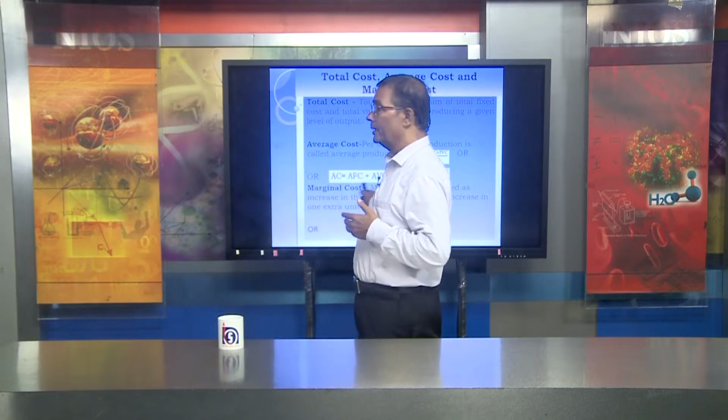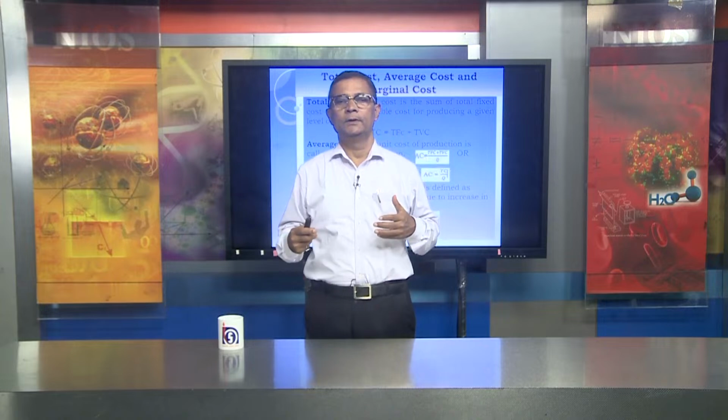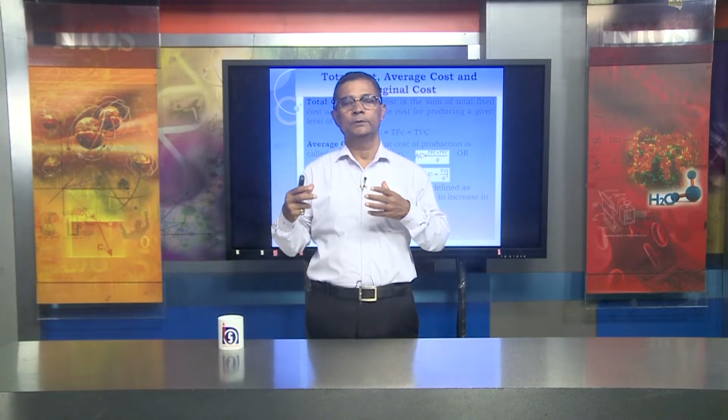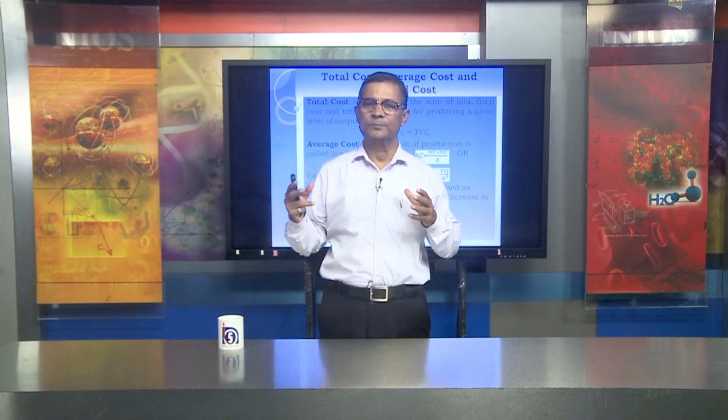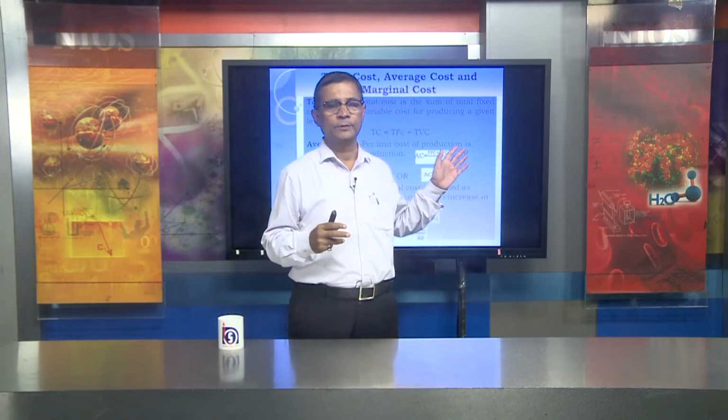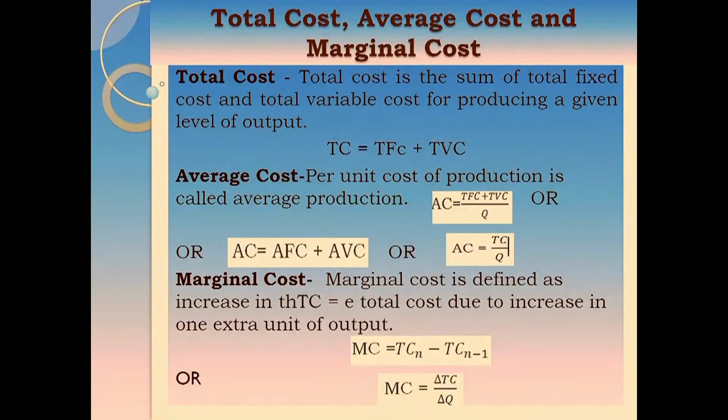You see, suppose we have 125 crores total cost, which I have explained in the terms of total cost. Then what we see? We have produced 100 units of a particular commodity.